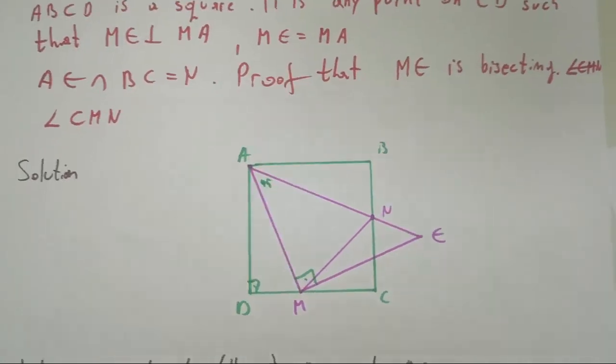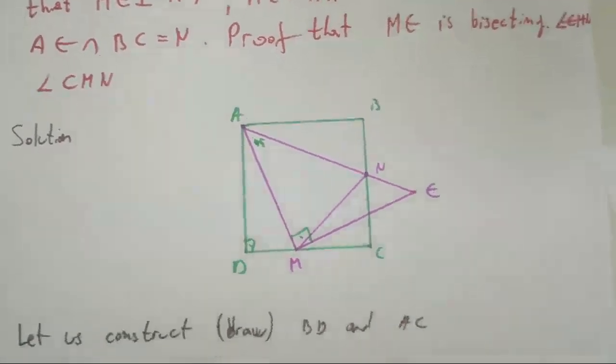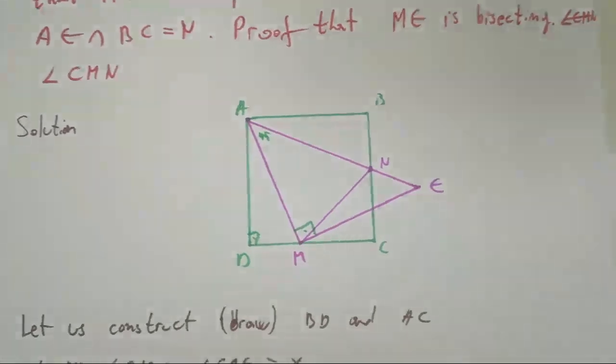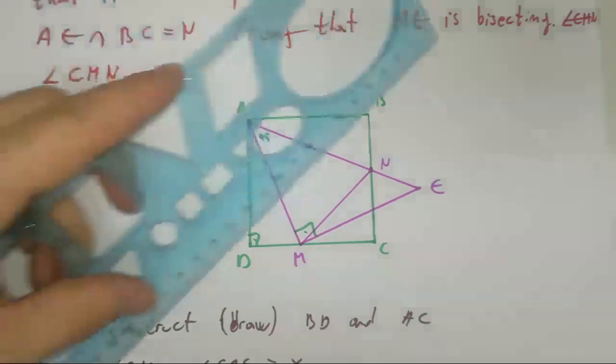Let's show something from the solution. Let us first construct or draw the diagonals BD and AC.